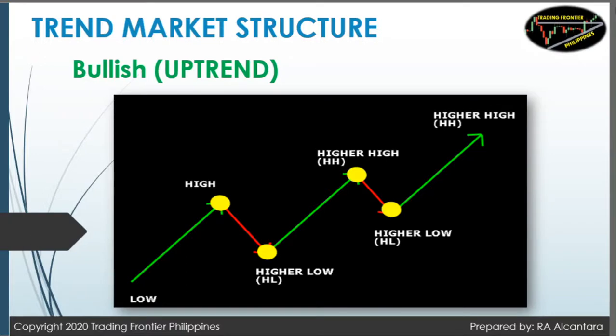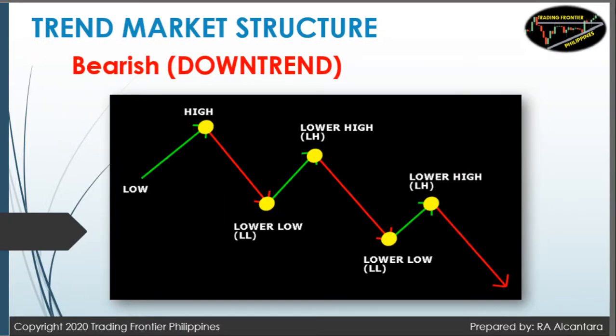So if there's a bullish uptrend market, in contrary, there is a bearish or downtrend market. Again, guys, this is just a recap for those who are still new in trading, or forex trading in particular. So for a bearish or downtrend market, we have a high, and then suddenly the price formed a lower low, which is a low level lower than your previous low.